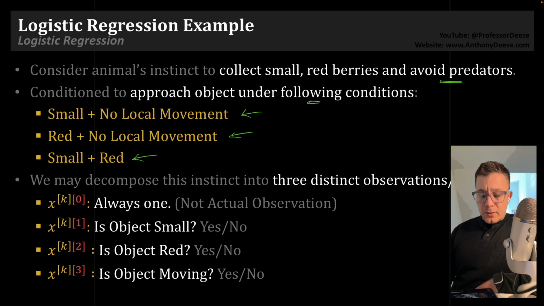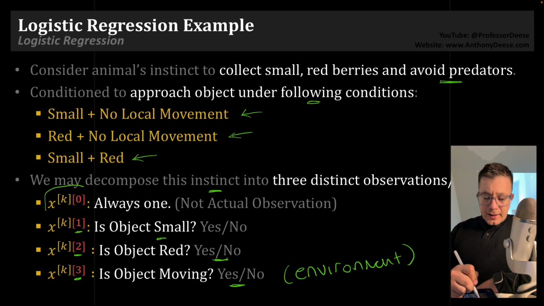Now we can decompose this instinct into three observations or inputs. So the first is, is the object small? Yes or no? And so we're going to refer to that as the first input. Is the object red? Yes or no? That's the second. And is the object moving, or should I have said, is the environment moving, or is there something moving in that area? Yes or no?